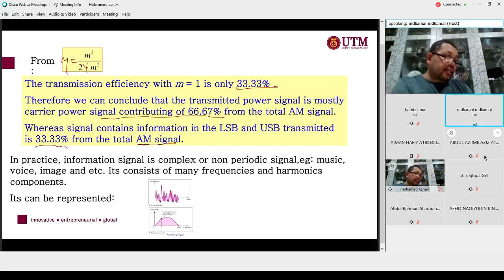So in practice, the information signal is a complex or non-periodic signal. It's about music, voice, image, etc. It consists of many frequencies and harmonic components.